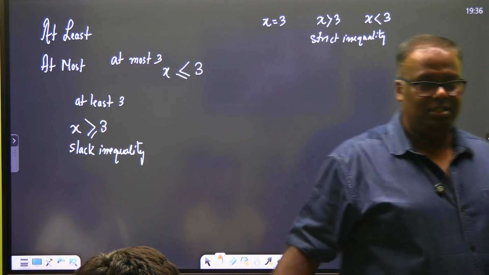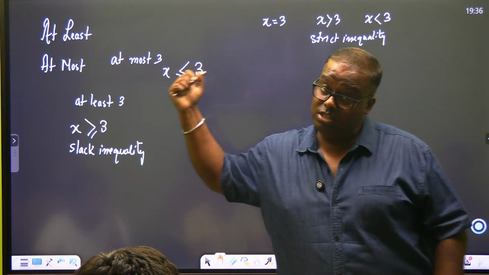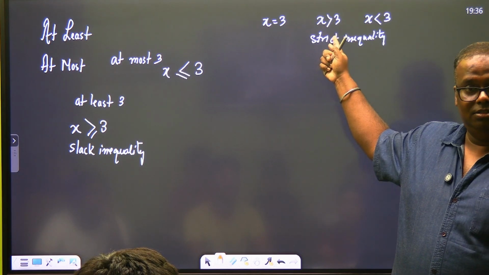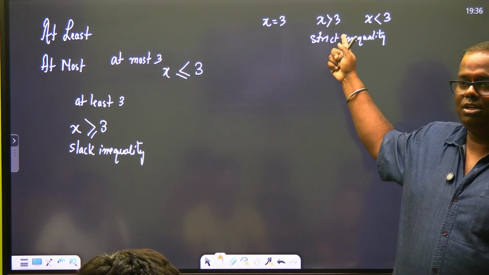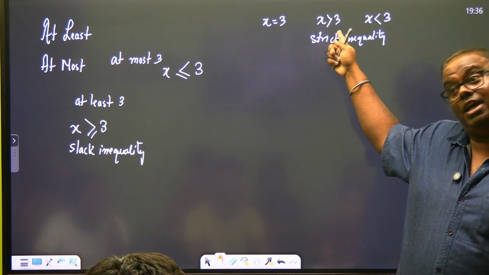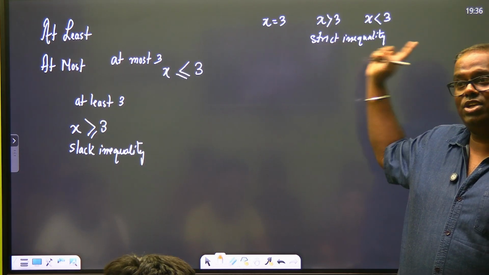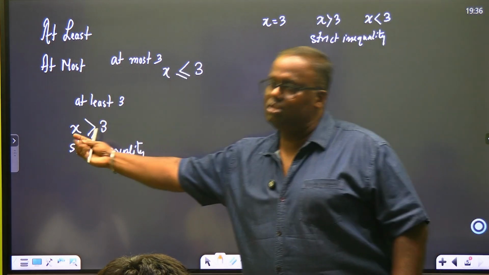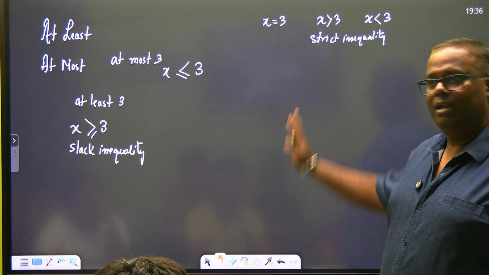But here you are being strict. 3 से ज्यादा ही खा के. Here if you eat 3 samosas, should you be slapped? Here if somebody eats 3 samosas, should he be slapped or not? Yes. Because it is a strict inequality. You should eat more than 3. But here नहीं. Clear है? ठीक है.